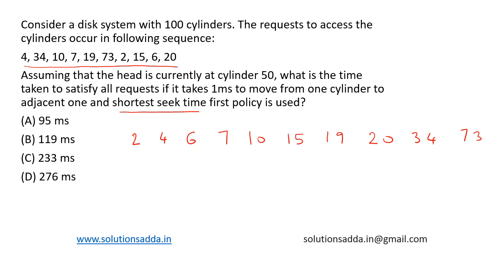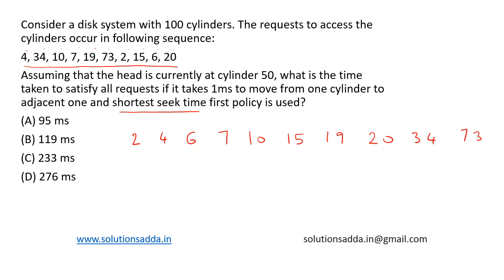We have 1, 2, 3, 4, 5, 6, 7, 8, 9, 10 requests. So the disk is currently at cylinder 50.